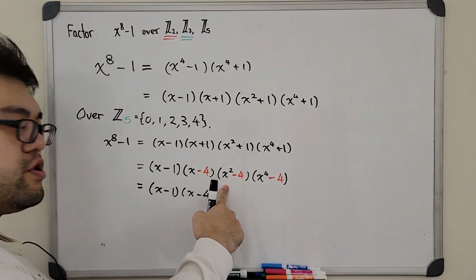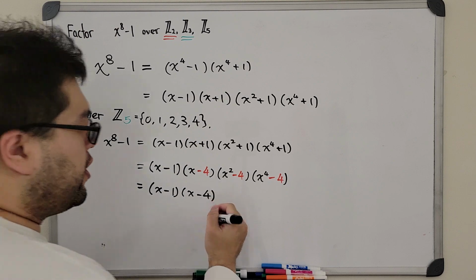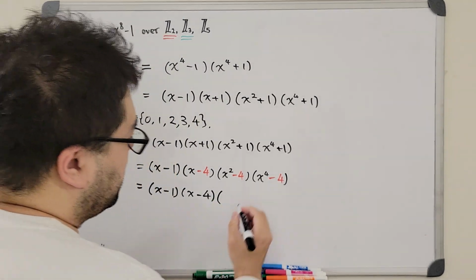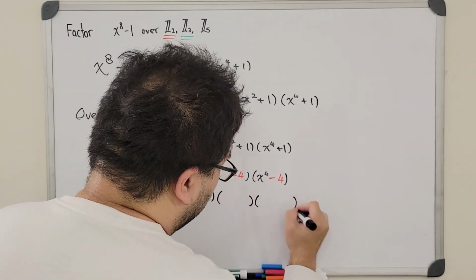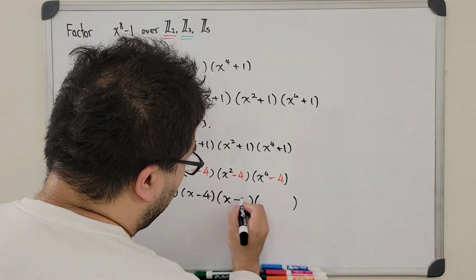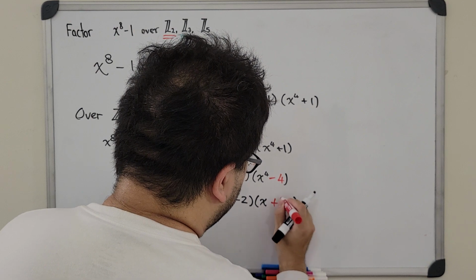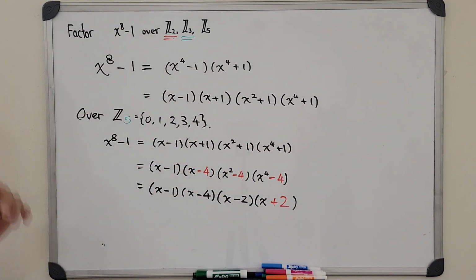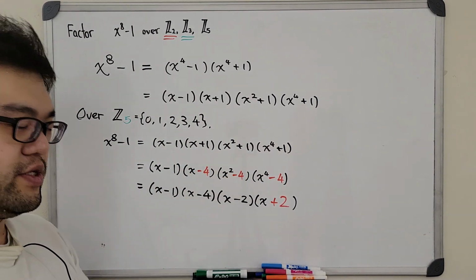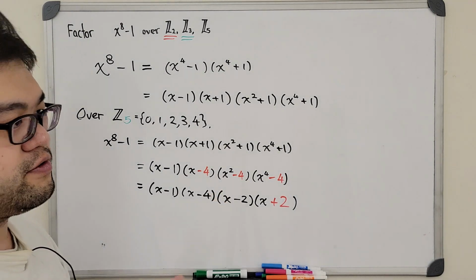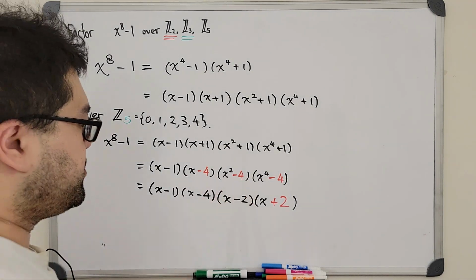But the third term, x squared minus 4, is now factorable, and we can rewrite it as x minus 2 times x plus 2. And again, that is because x squared is a square, 4 is also a square. We can use the difference of squares to help us factor out.